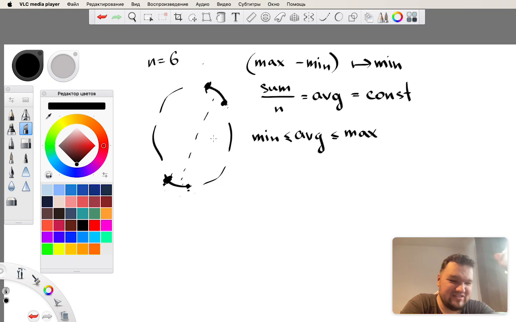Just greedily choose the best option for every pair of opposite tables, and that's it.